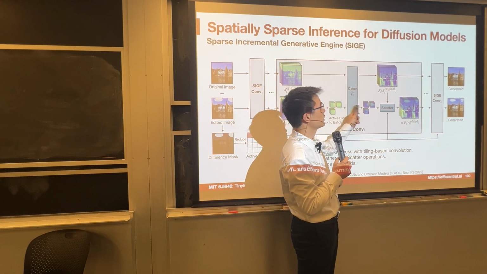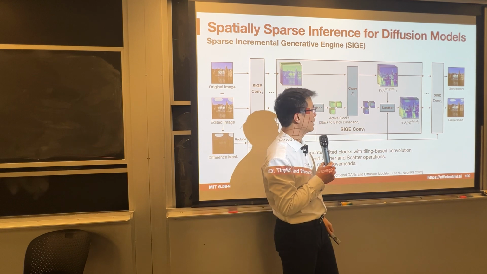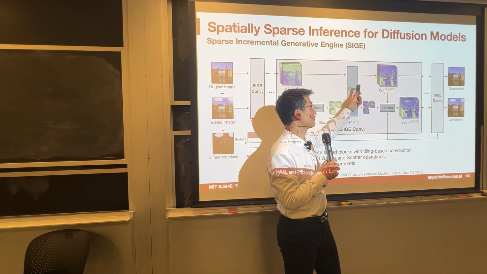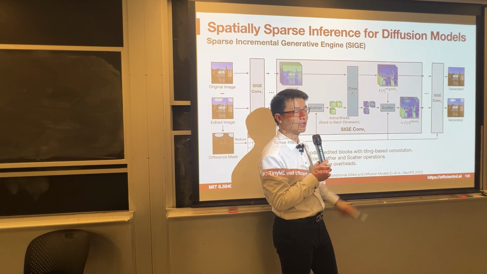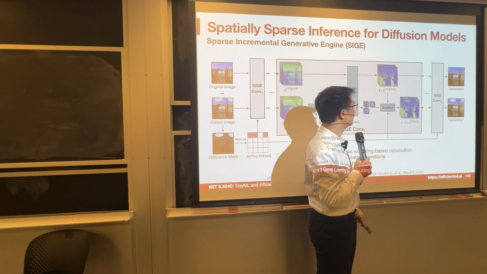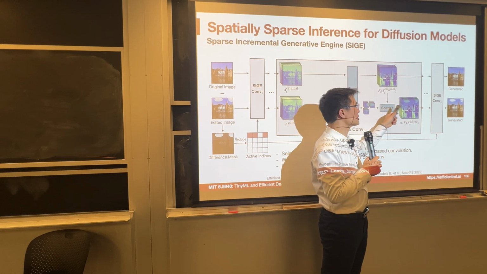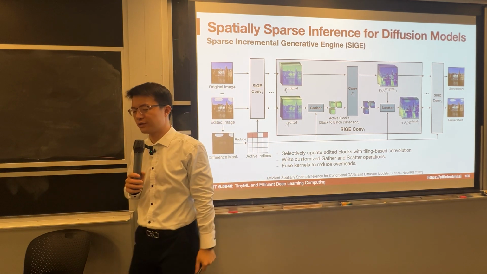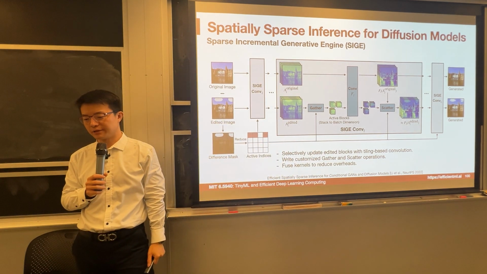Rather than running the full image through this convolution, only the diff goes through. And then we scatter it back to the feature map and use the original plus the scattered result to get the next stage. Exploiting the feature that convolution is linear.